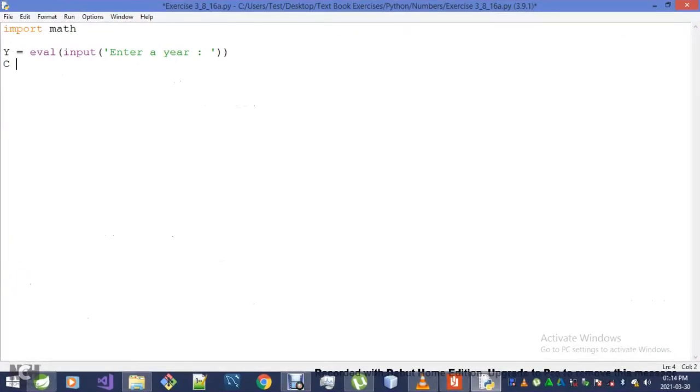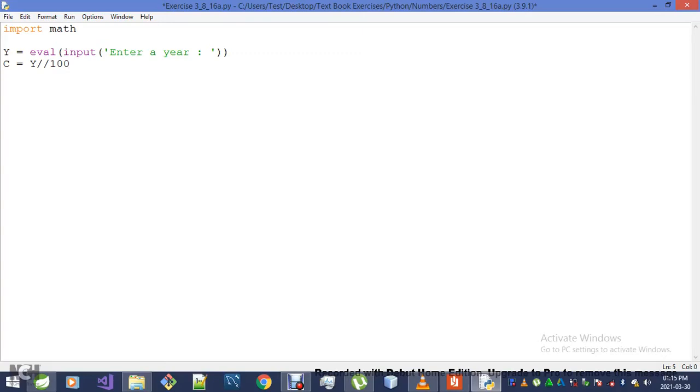Now our C is the first 2 digits, right? So it's gonna be Y integer division 100. This will get rid of the last 2 digits, which will leave us with the first 2 only.